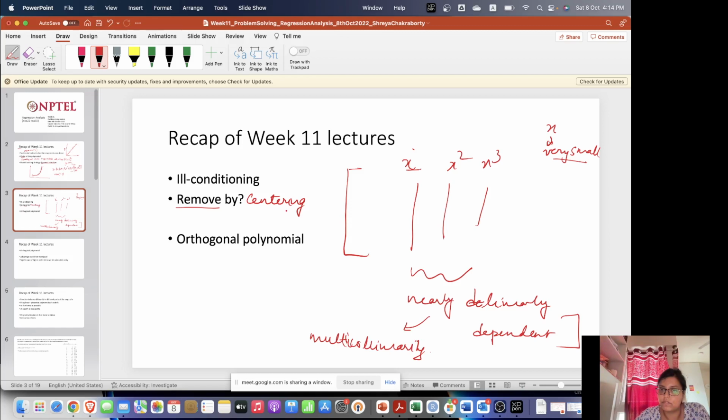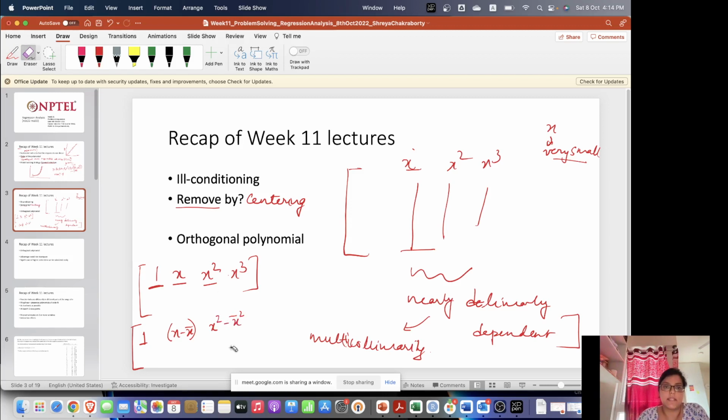The process of x minus x bar. So for this column, initially we had 1, x, x square, x cube, let's say. Now we have 1, x minus x bar, and x minus x bar square, exactly, not x square minus x square bar whole square, not that.